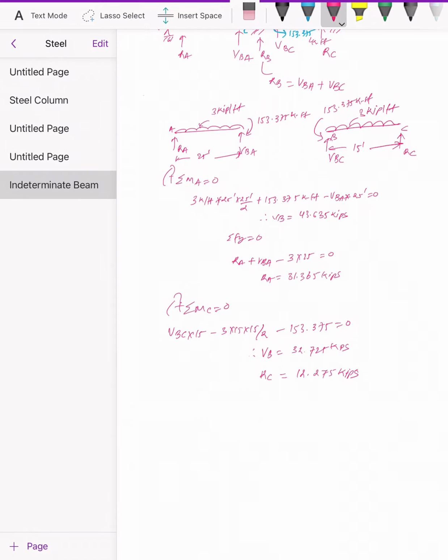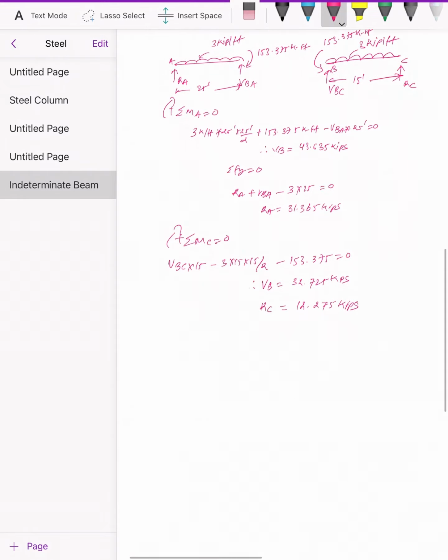31.365 kips. Okay, so this is our A, this is support B, this is support C. What's our reaction force? It's positive, so it will go up, 31.365 kips.